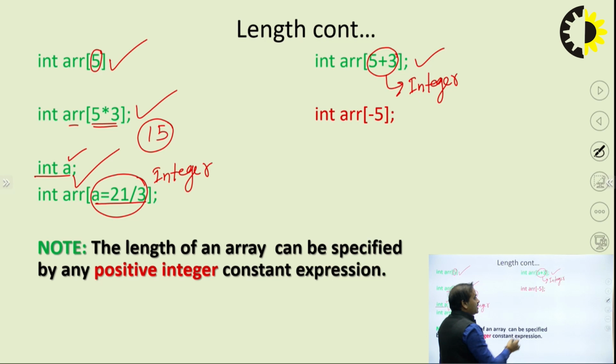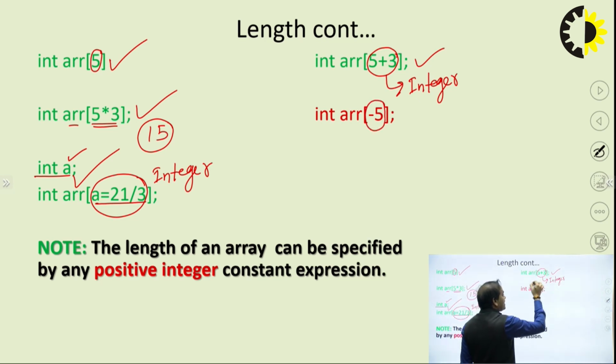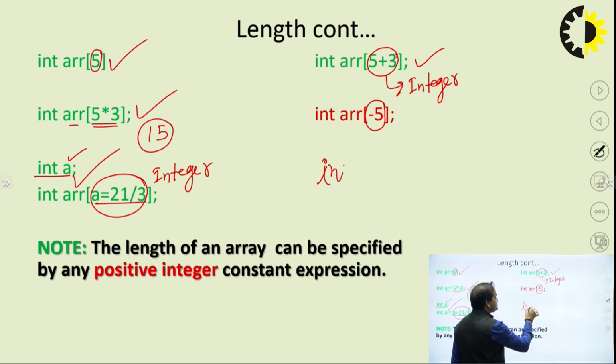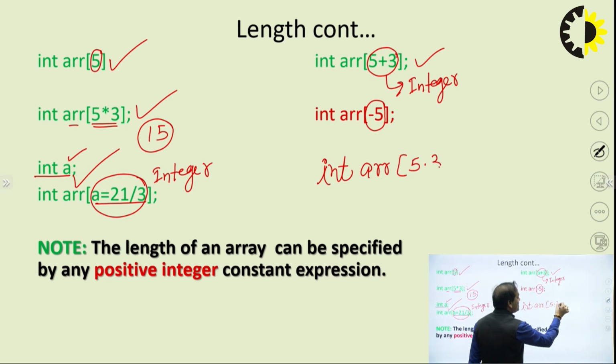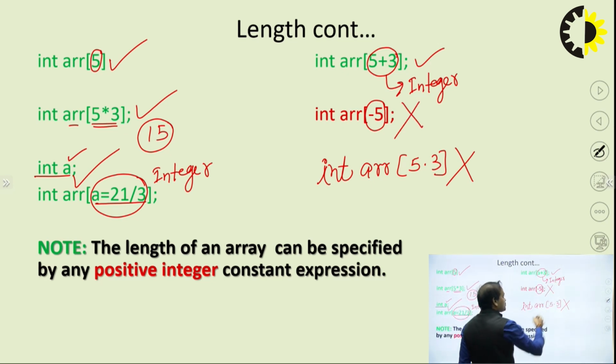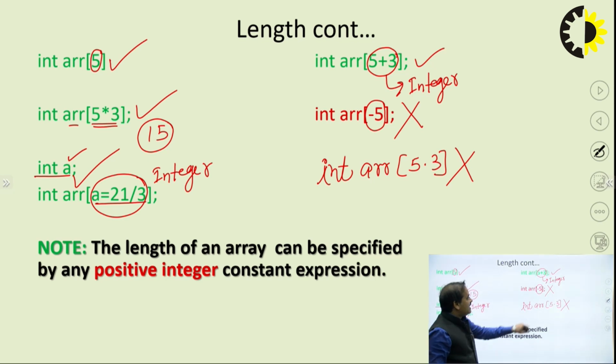But here we take minus 5. This is not a correct method to declare an array. If we write int arr[5.3], this is also not a correct method to declare an array, because the length can never be a decimal or a negative value.